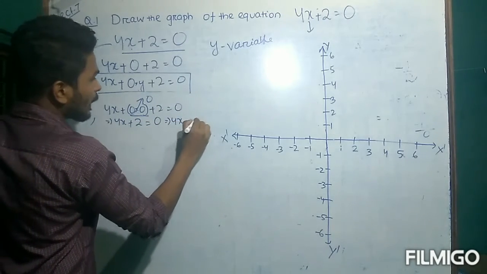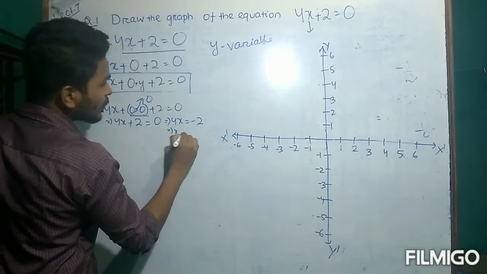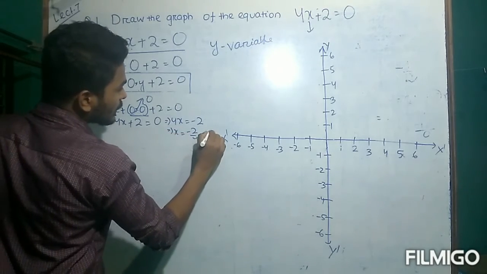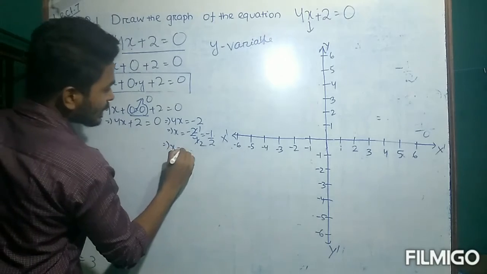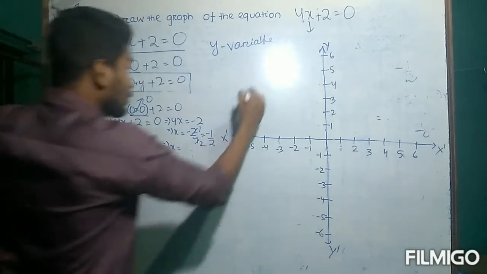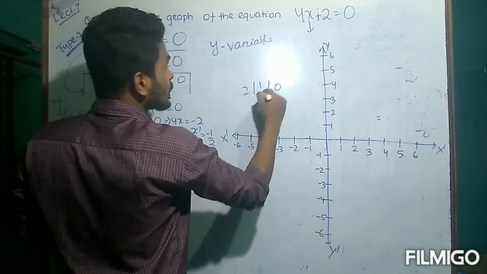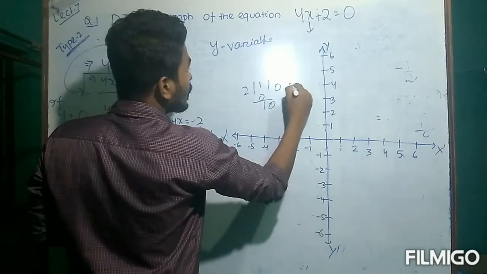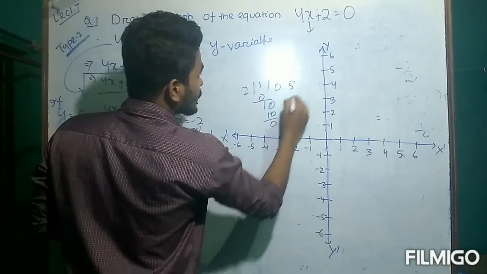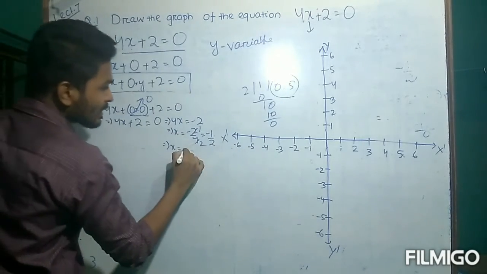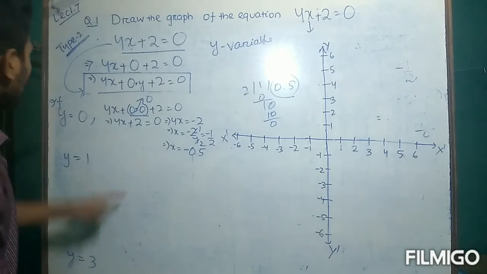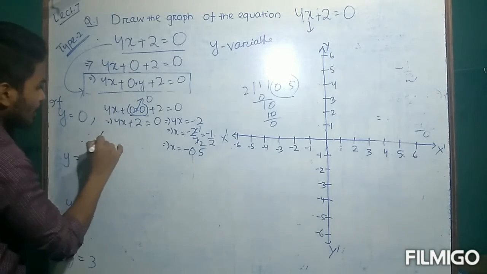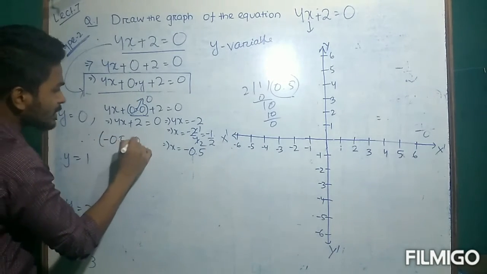Hence 4x is equal to minus 2 and x is equal to minus 2 by 4, that is minus 1 by 2 after cancellation. So what does 1 by 2 mean? 1 is divided by 2. That is 0.5. That means x is minus 0.5. So the solution is minus 0.5, 0.